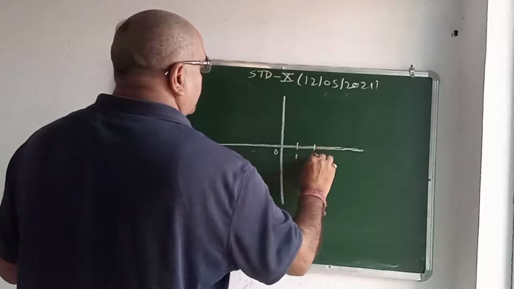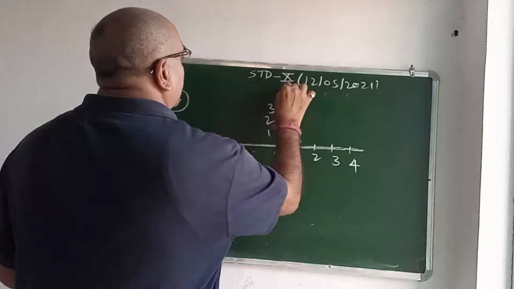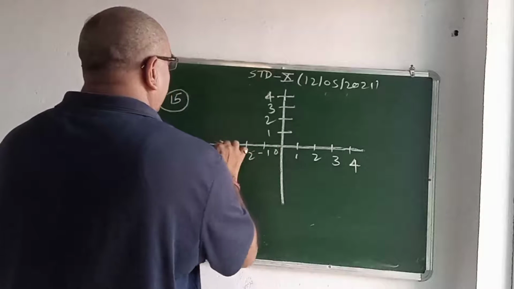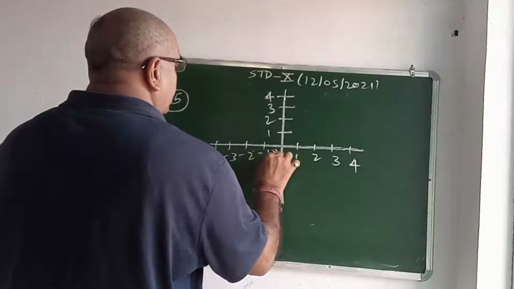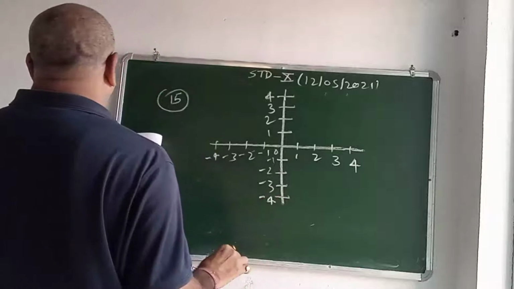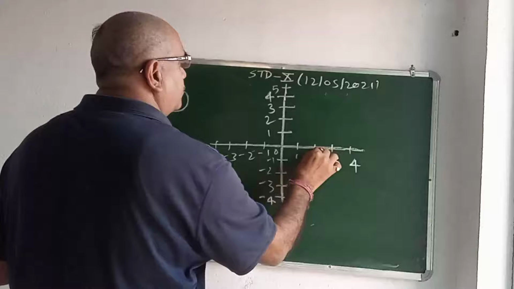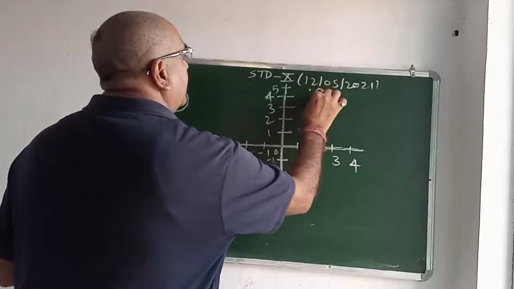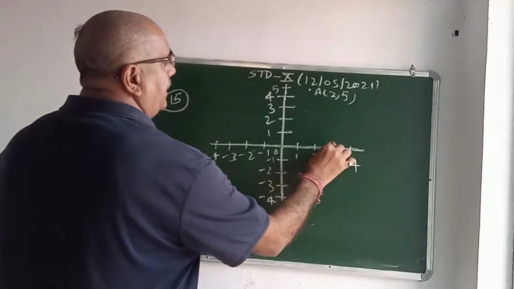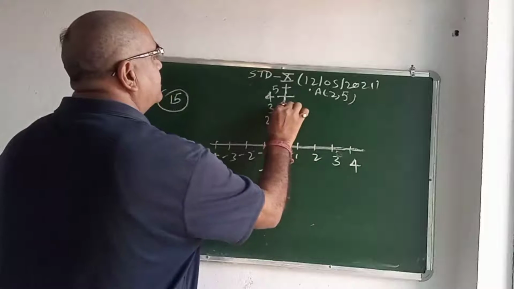Origin, 1, 2, 3, 4, then 1, 2, 3, 4, minus 1, minus 2, minus 3, minus 4, and minus 1, minus 2, minus 3, minus 4. A (2, 5) is given. You have to take 5 also. 2 and 5, this is the point A (2, 5). B (0, 3), this is B.